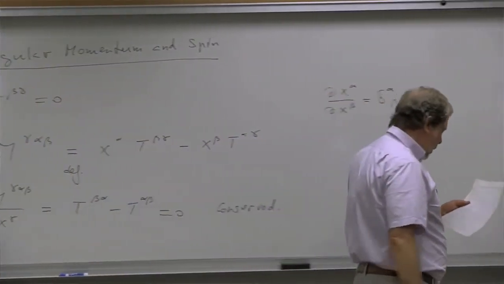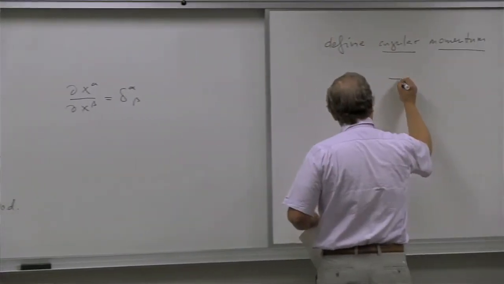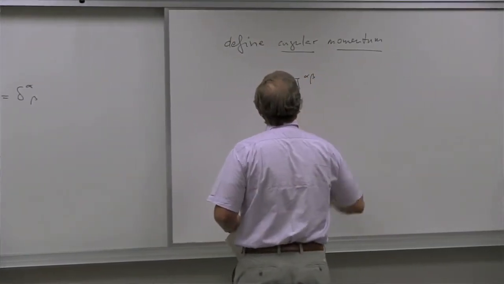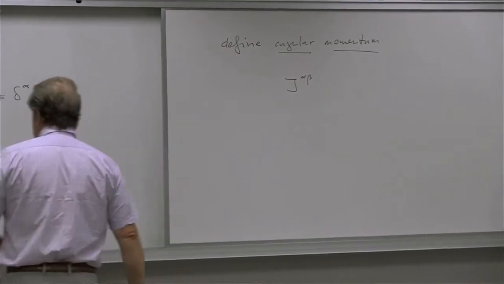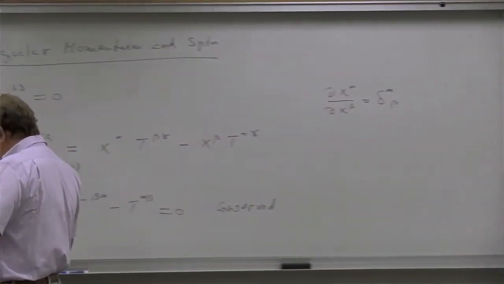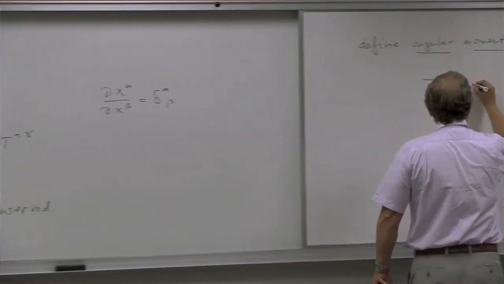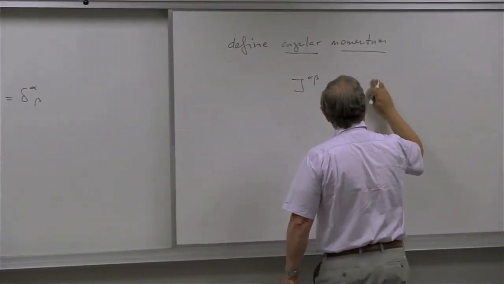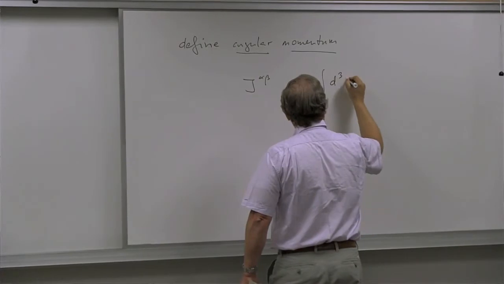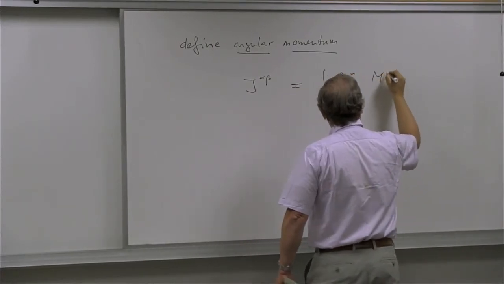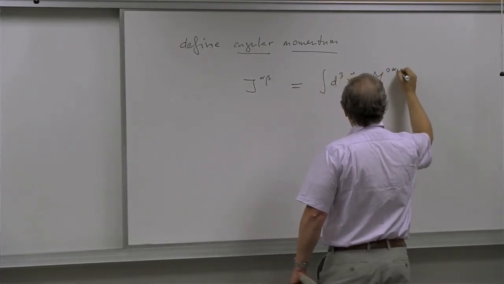So we define the angular momentum as J alpha beta, and we take the integral of the naught component of the M. So this is defined as the integral in d3x of M naught alpha beta.